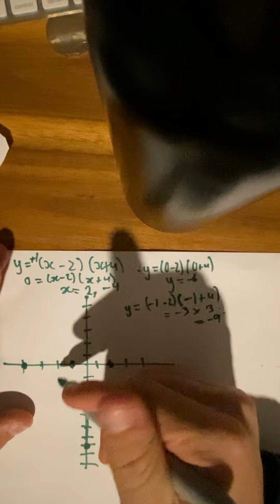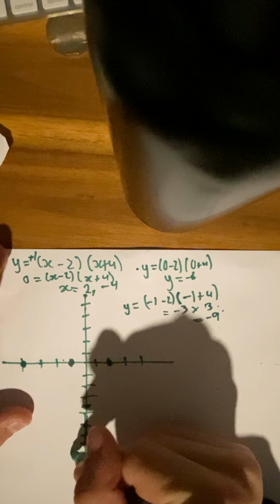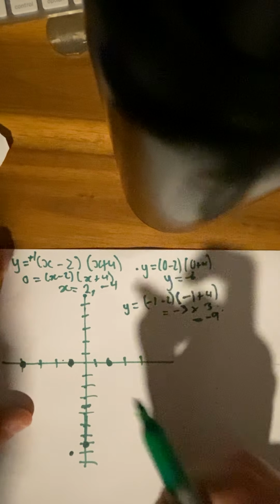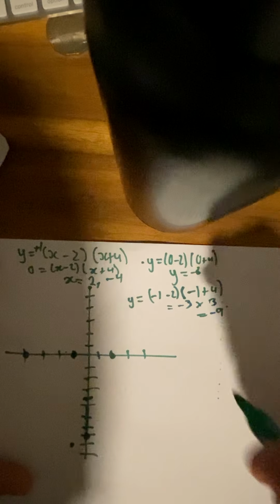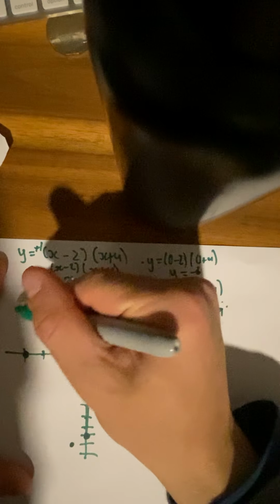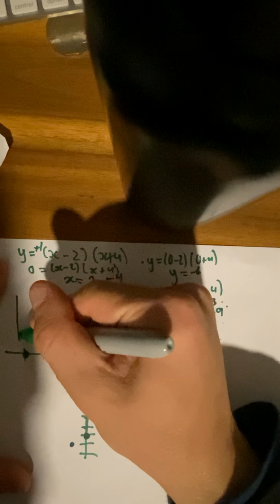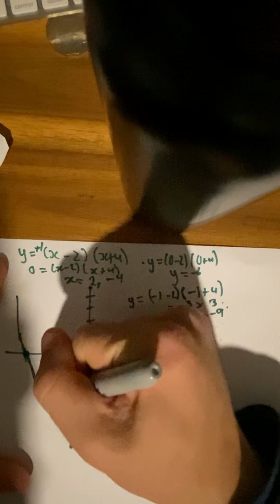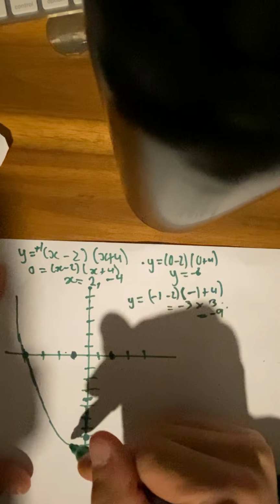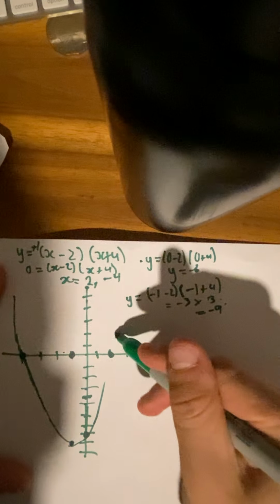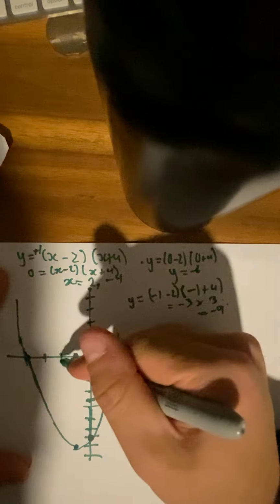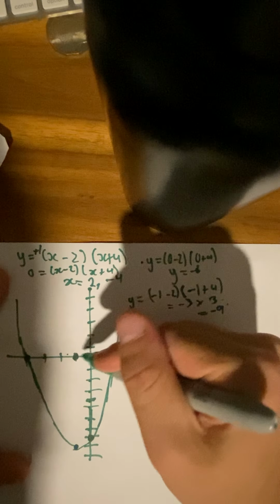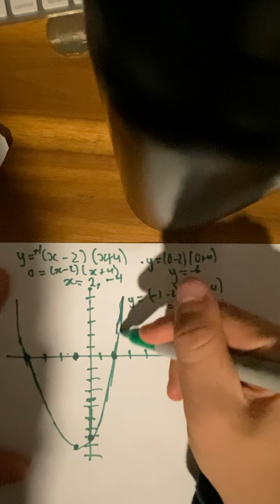So therefore the lowest point occurs just below the y-intercept at (minus 1, minus 9). Now to graph it, we can simply join all these points together with a smooth curve, something along the lines of this.